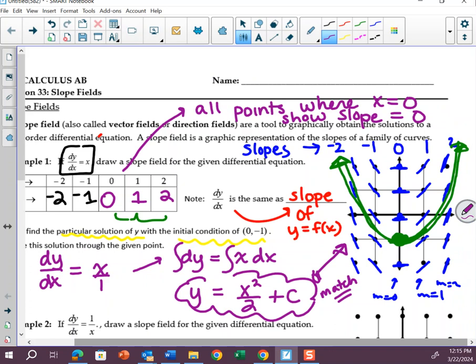And when I solve this one, since it can be separated and integrated, with a little bit of separation of variables, this differential equation goes along with a group of parabolas. Y equals x squared over 2 plus c.